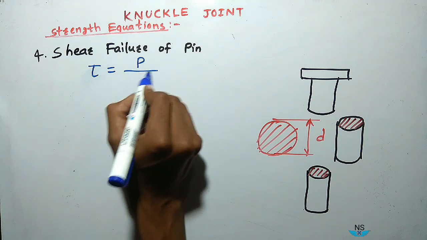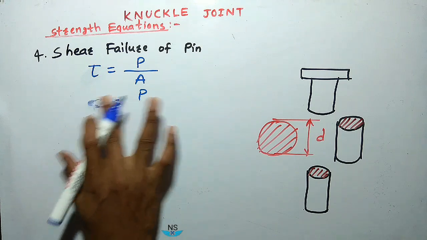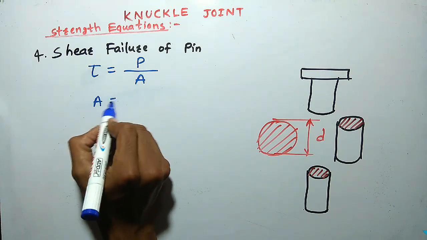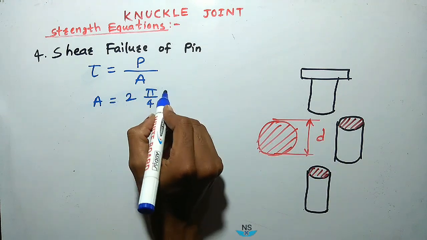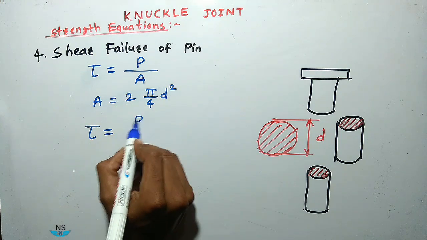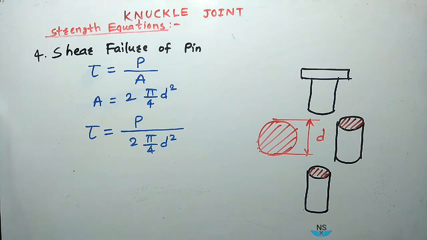Tau is equal to P divided by A. Therefore tau is equal to P divided by 2 times pi by 4 D square, as double shear is there. This is the fourth strength equation in the design of knuckle joint.